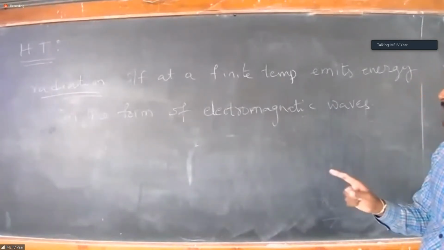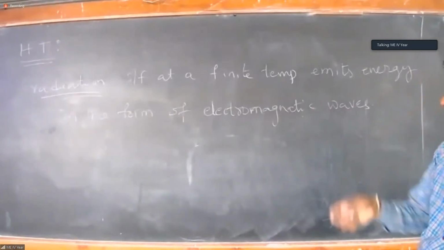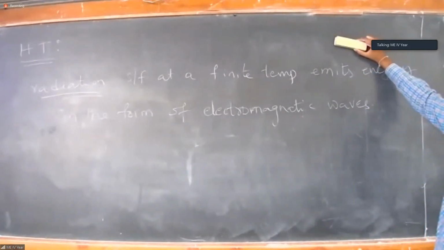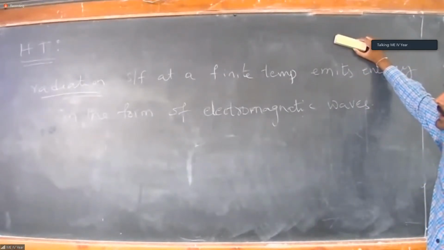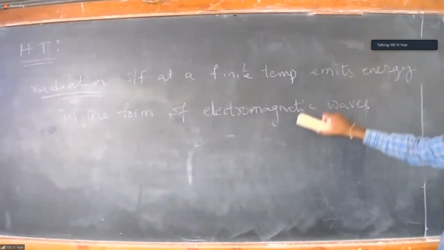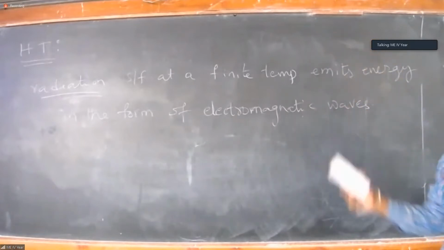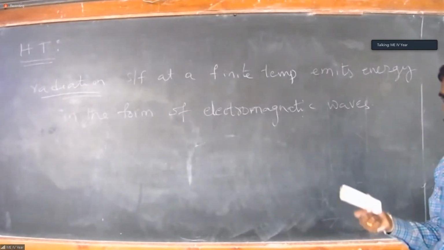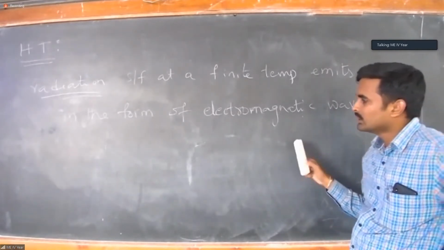So you need a medium, but in radiation you don't. You put a body at some finite temperature, then it will emit electromagnetic waves, just like mobile signals.